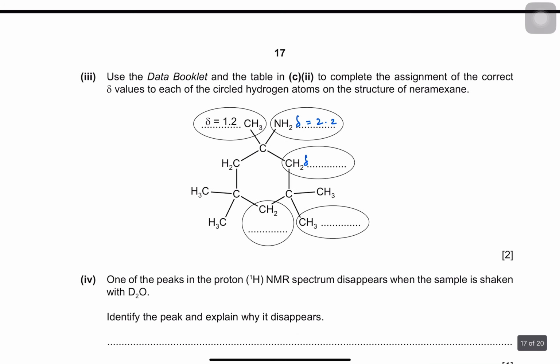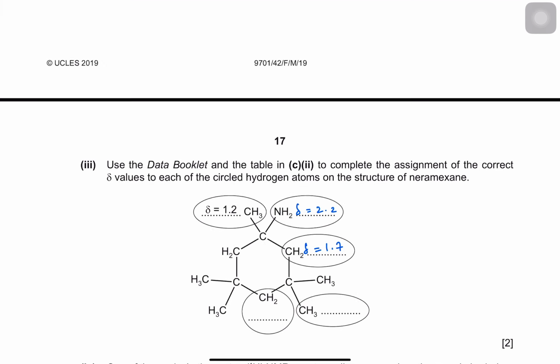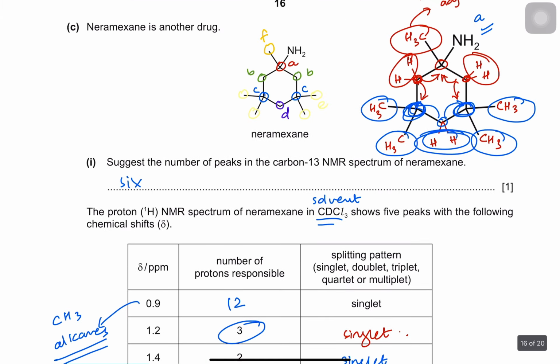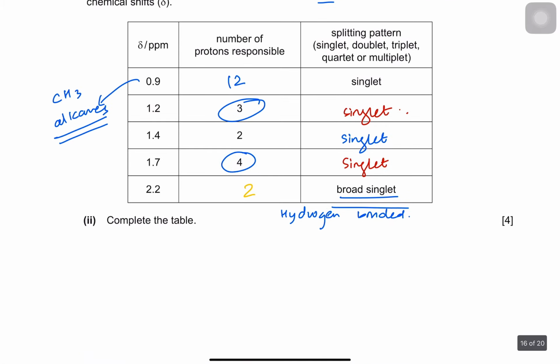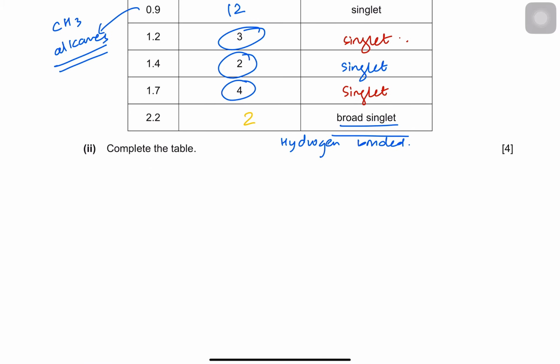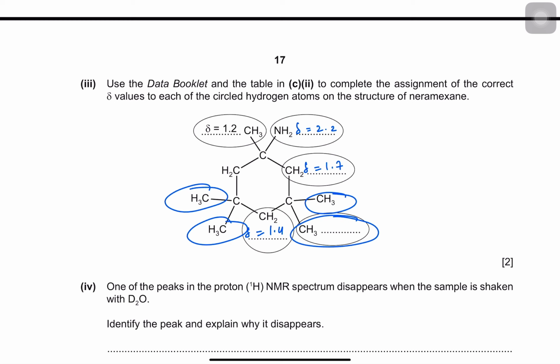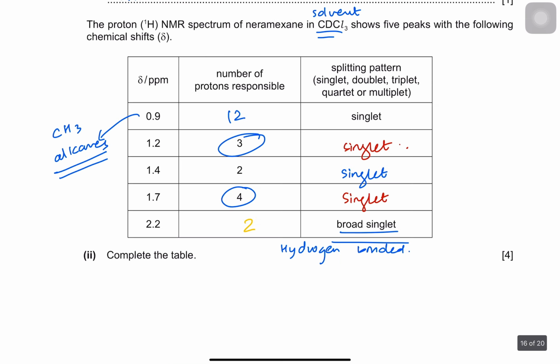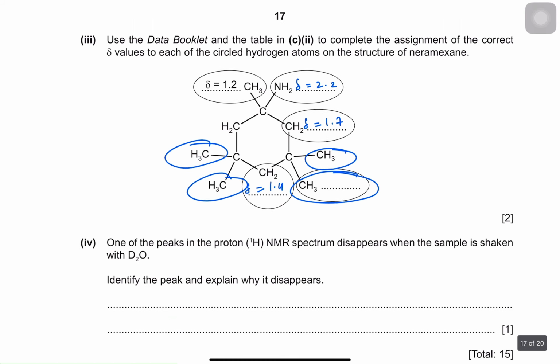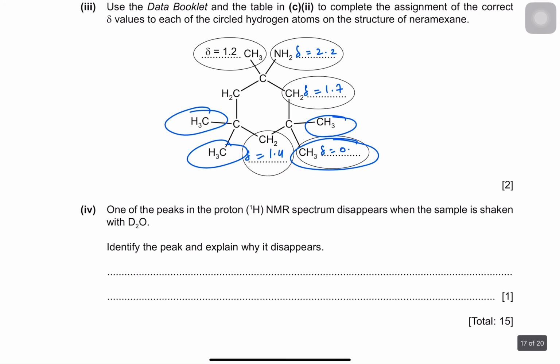So this is the 1.7 peak. At CH2, at the bottom, you have 2 protons responsible at 1.4. So at the bottom, it is 1.4. And all these CH3s are identical, and the 12 proton peak was at 0.9. So this is 0.9.